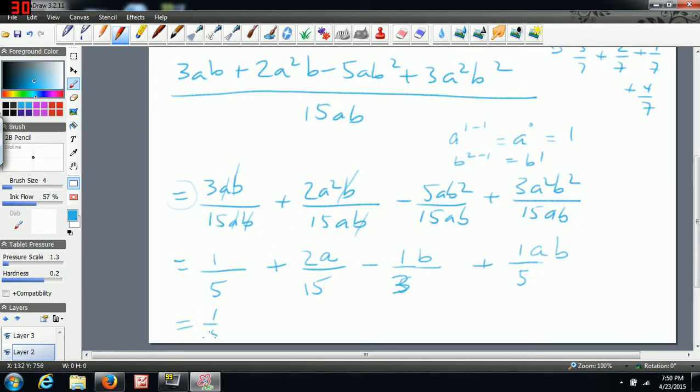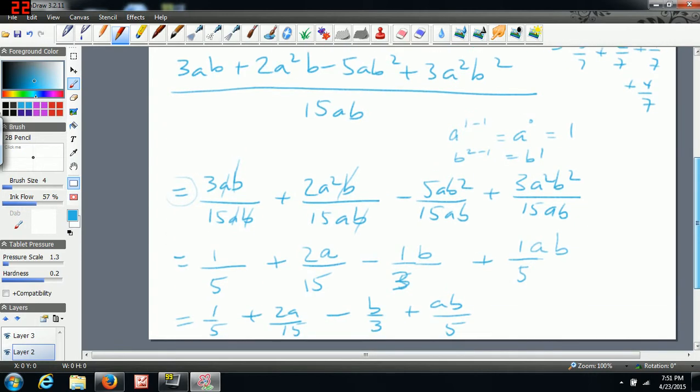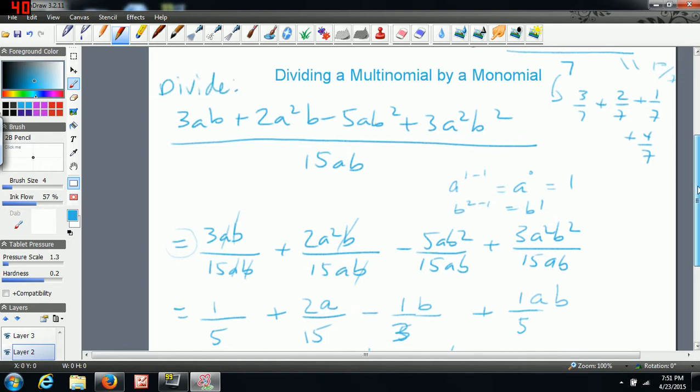You could just write it as 1 over 5 plus 2a over 15 minus b over 3 plus ab over 5. And the question would ask you to divide this. So the question would have to say divide, okay?